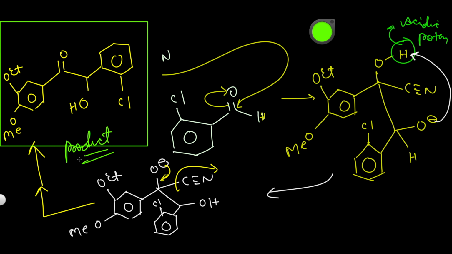Like you have to choose whether to attack on this position or this position. Okay, so this question is very, very important, right? And this is all about the benzoin condensation reaction. Okay, and I hope that you will understand very clearly, very precisely.